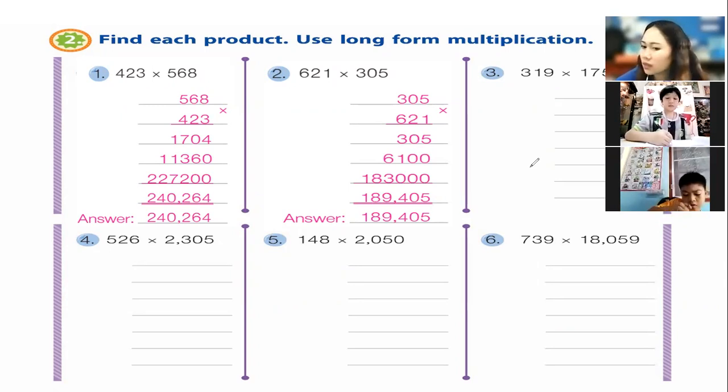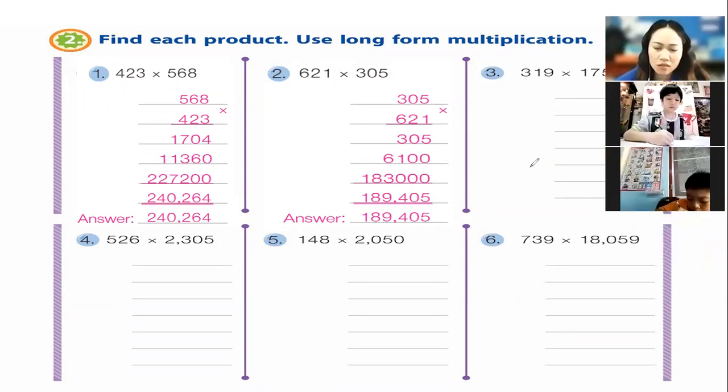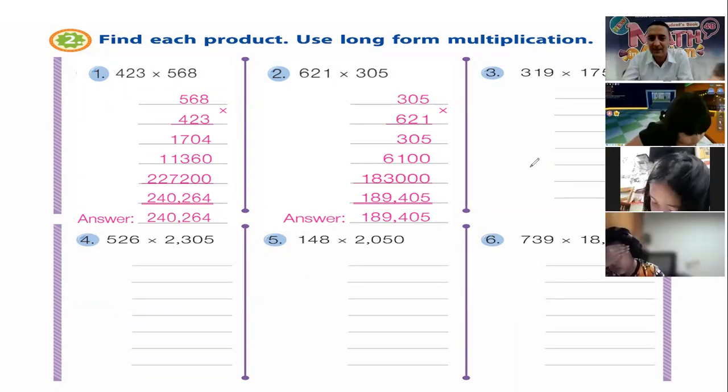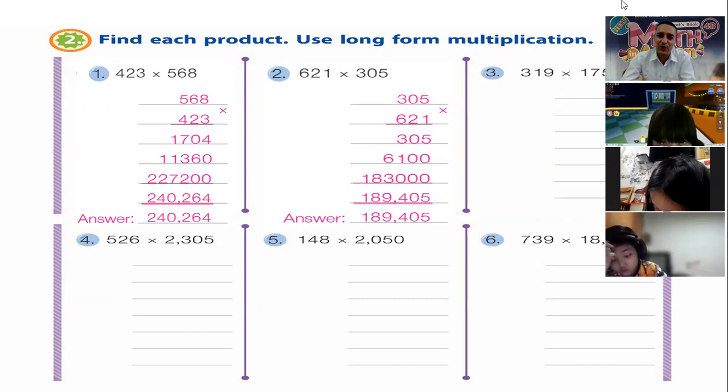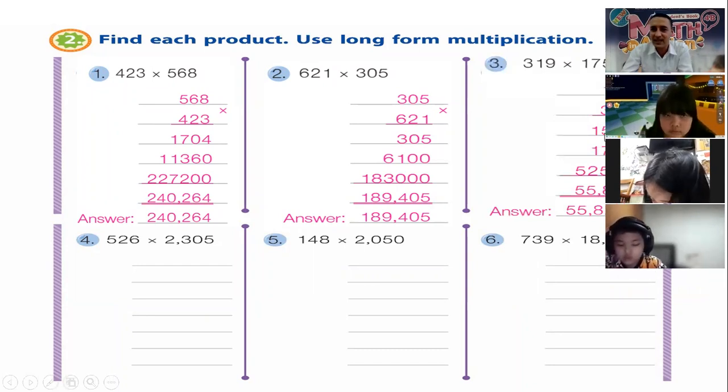Again, please, a little bit louder. Lily, your answer again, please. 55,825. Very good. That is the correct answer. How is the calculation?